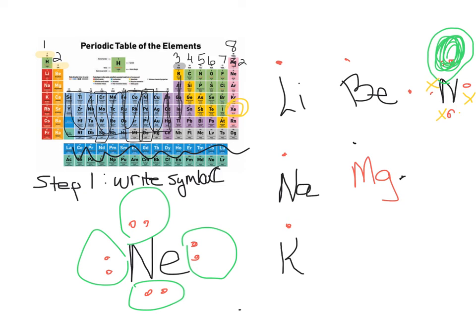But my point is this: we use Lewis structures to understand bonding capacity. Elements in group 8 typically do not have the ability to bond with any other elements because they're already full. They already have their electron orbitals filled. So bonding cannot occur there.